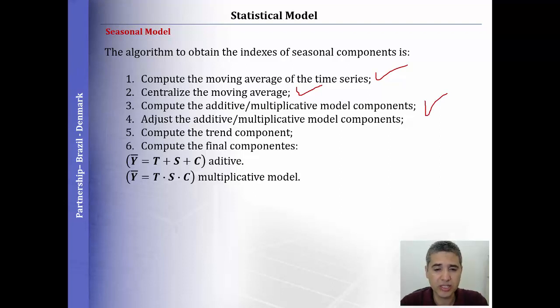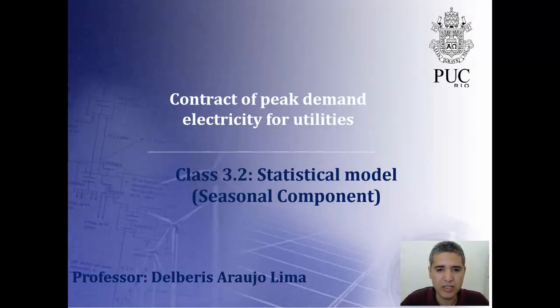After that, we need to adjust the additive and multiplicative components. Compute the trend component exactly the same way that we did in the last class. So we have the trend components, we have adjusted the seasonal components, and then we can compute the final components without the cyclic components. Okay, let's see how we can do this by using the time series presented for the electricity consumption in Brazil in the last 5 years.